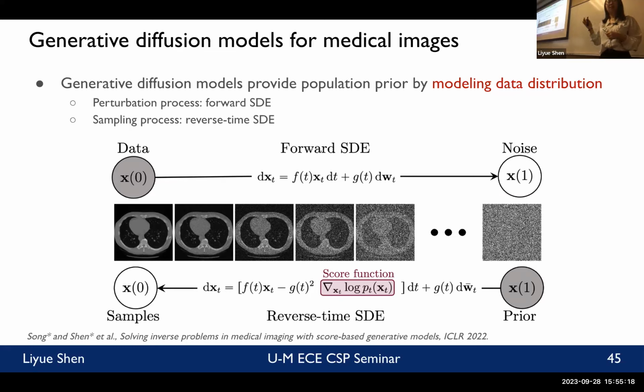So the key idea is to use the diffusion model to capture this population prior by modeling the data distribution. There are different ways to understand the diffusion model, and maybe two main aspects. One is the diffusion probabilistic model, which we call DDPM. The other is the score-based diffusion model, which describes the forward process and reverse process as an SDE, a stochastic differential equation.